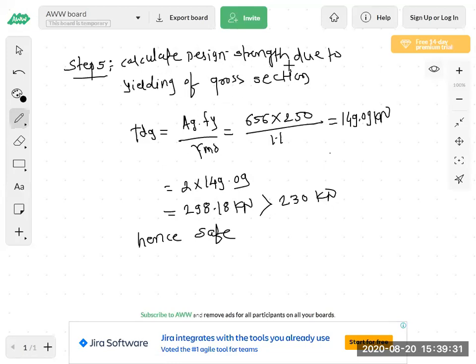We got the design strength due to yielding of gross section more than the load coming on the member. So this is the first design strength we have calculated.